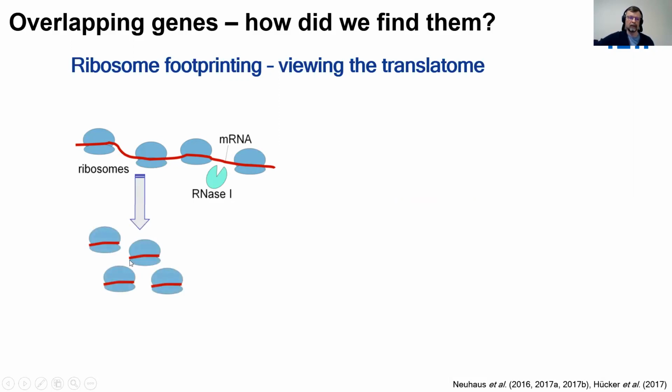So you get the mRNA fragments within the ribosome. You open the ribosome, so you just isolate the messenger RNA fragments, and these are called footprints. And because they have been in the ribosome, you know that these pieces have been used to produce a protein. Otherwise, they wouldn't have been in the ribosome, right?